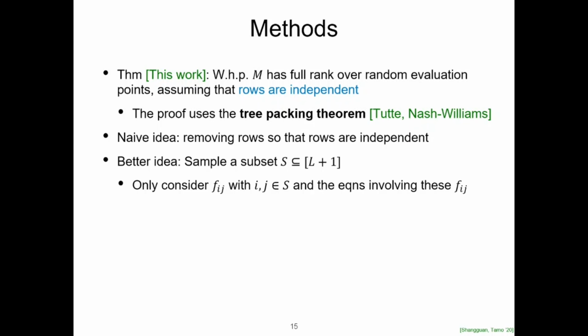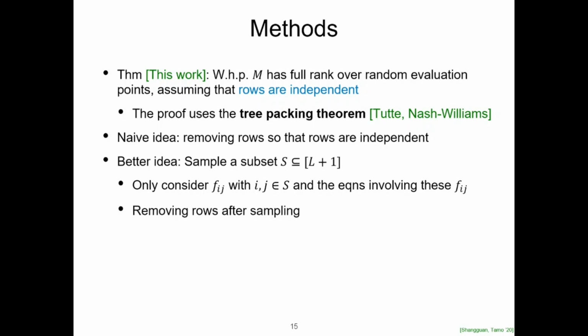And then we consider only the elements f_ij where both i and j are in this subset, and we only consider the linear equations between these f_ij. And this reduces the number of equations, but at the same time also reduces the number of variables in the linear equation system.